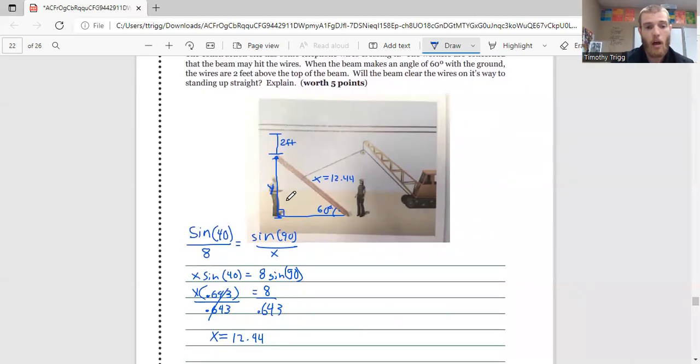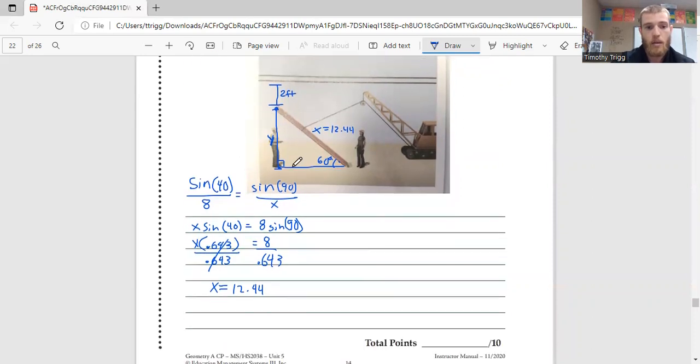We could set up another law of sines to help us find y. So in this case, sine of 60 over y. I'm going to put the work over here. Sine of 60 over y equals, and again, sine of 90 over 12.44.